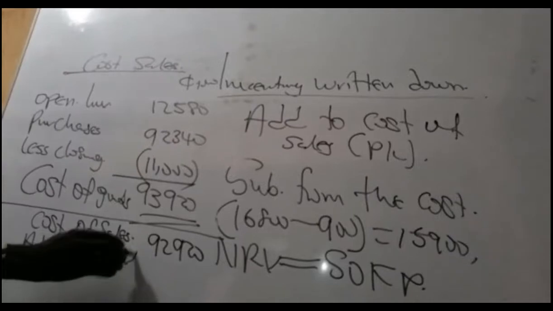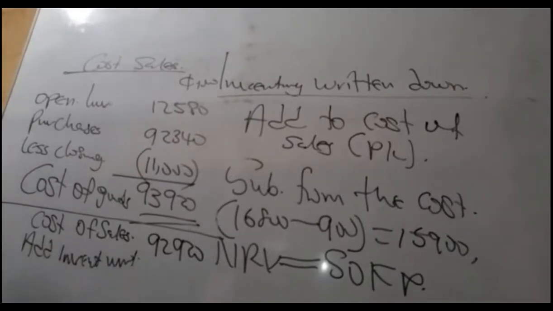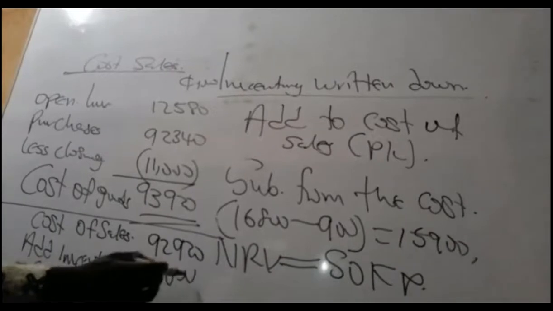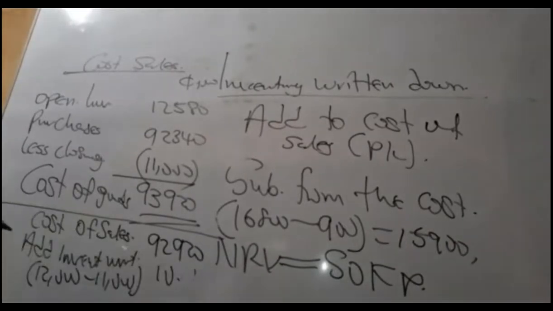Inventory written down. So this inventory must be written down by 1,000, right? So that will be 12,000 less 11,000. That will give us 1,000.